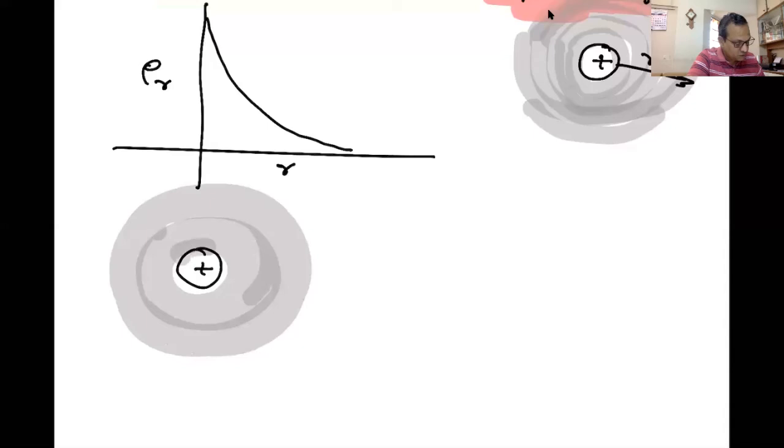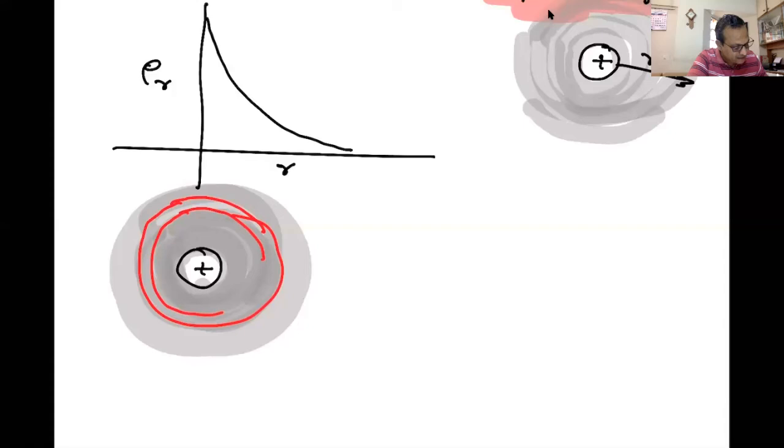Okay, so what I'm interested in basically is how many charges there are in the chosen shell. I can choose a shell in the cloud of thickness dr at distance r.